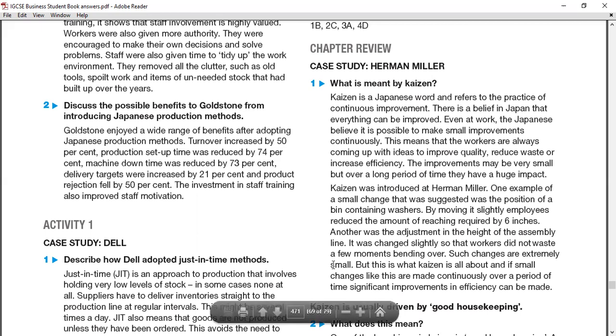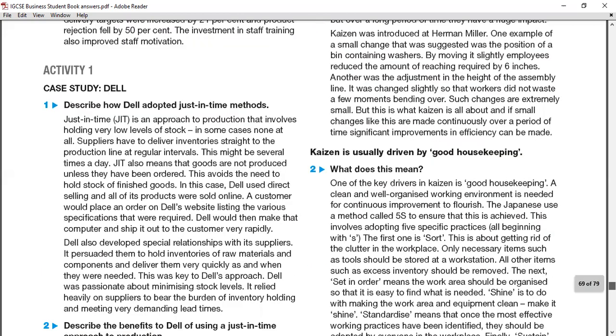Such changes are extremely small, but this is what Kaizen is all about. And if small changes are made continuously over a period of time, significant improvement in efficiency can be made. So always in questions, normally outline questions, 2 markers, analyze questions, please use your application like this, right? Even state questions, you have to write the application like this.